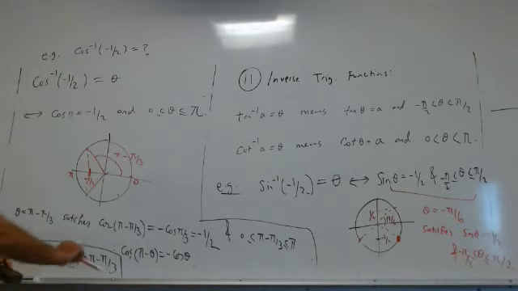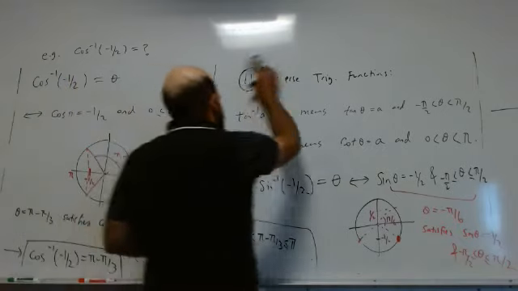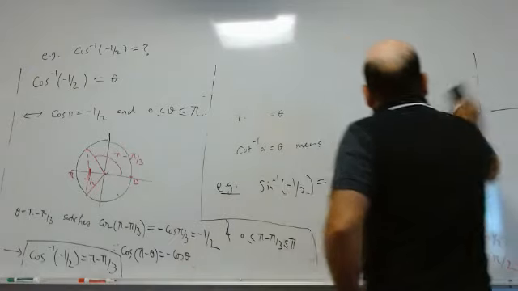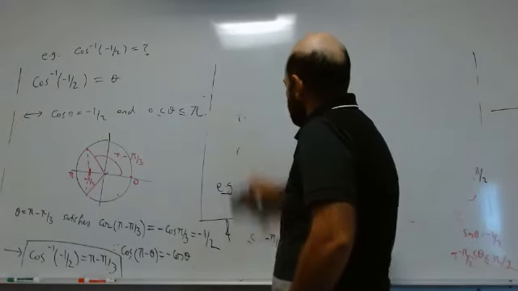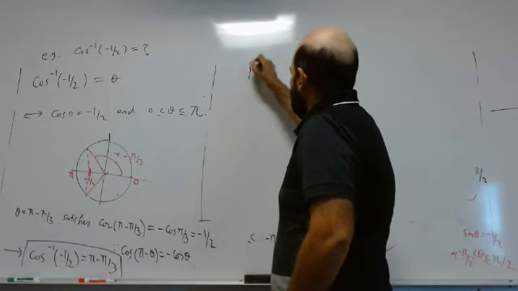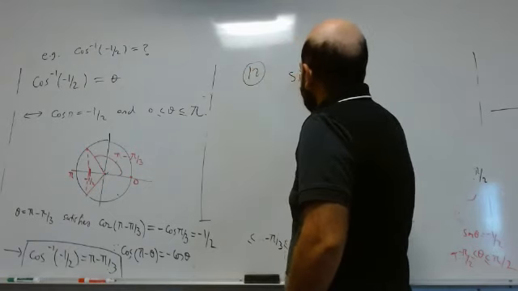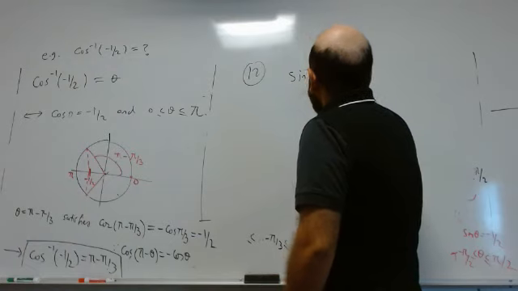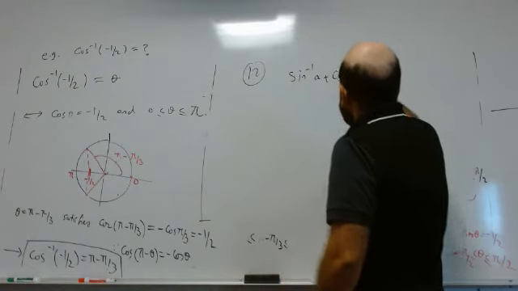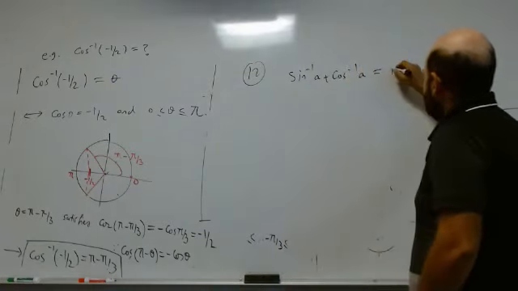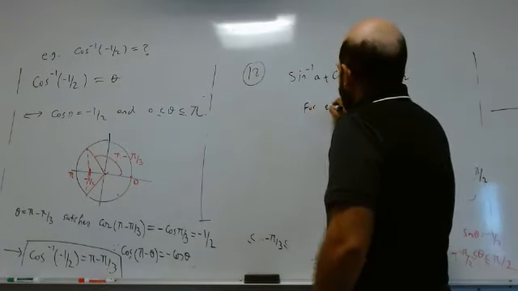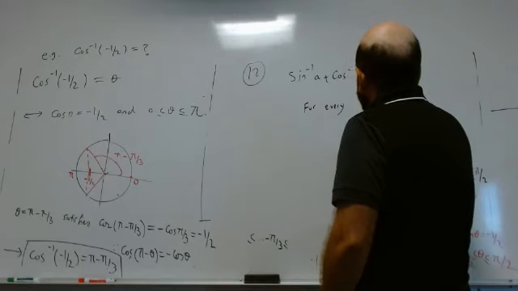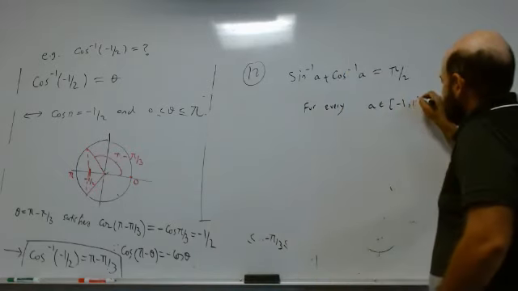All right. And another property you saw for inverse trig functions. For example, sine inverse of a plus cos inverse of a is equal to pi over 2 for every a between minus 1 and 1.